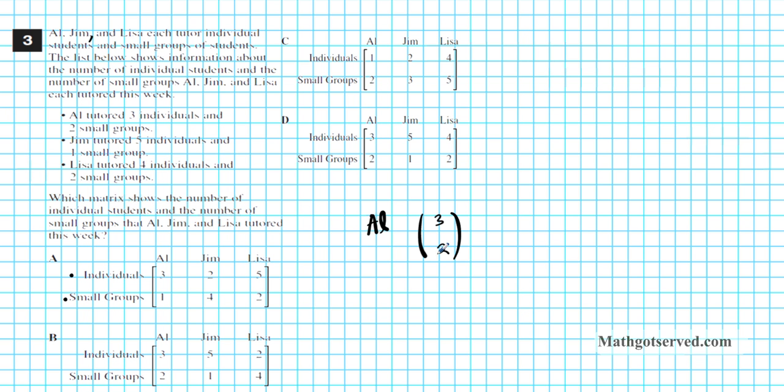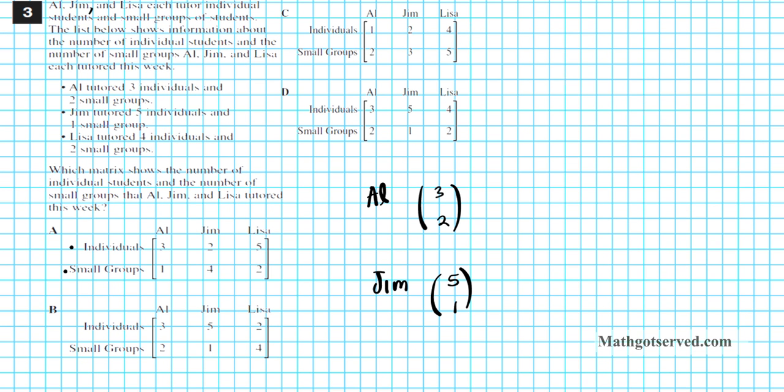So that's for Al. So Al's column is going to have 3, 2. How about Jim? Jim was 5 individual, 1 small. So it's going to be 5 and 1. How about Lisa? Lisa had 4 individual and 2 small.